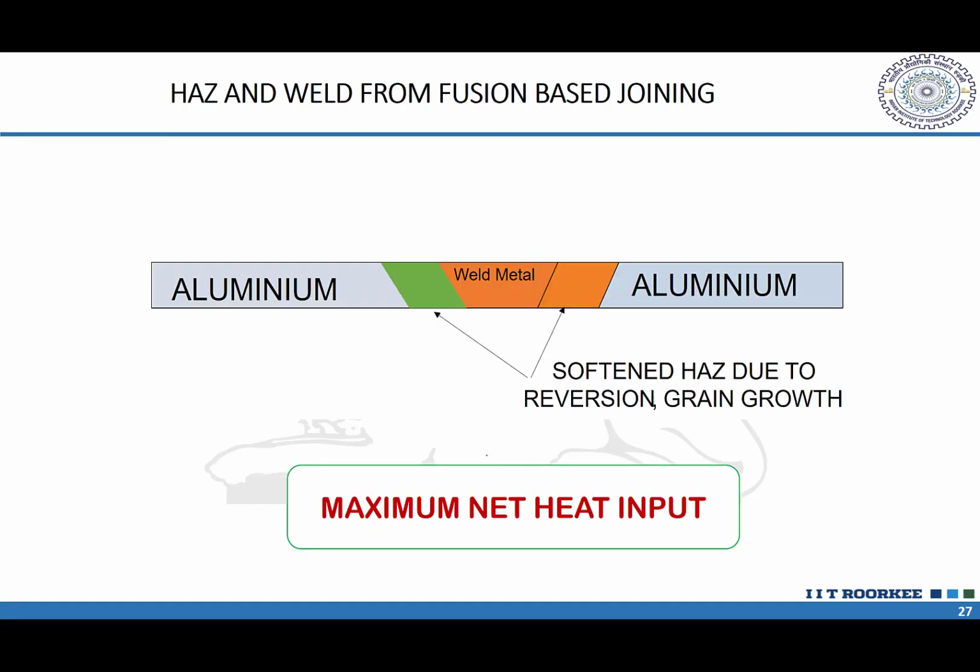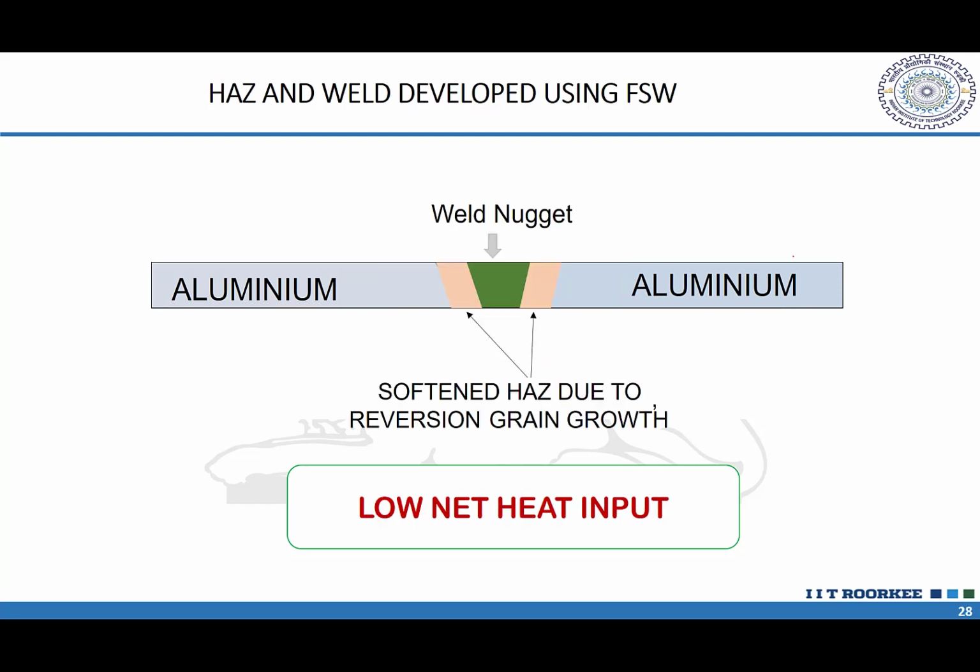Now if you compare friction stir welding with fusion welding, in fusion welding we supply a lot of heat. As a result, we have a very large weld and a very wide heat affected zone, leading to significant softening of the metal due to reversion and grain growth, especially in precipitation hardenable metals.